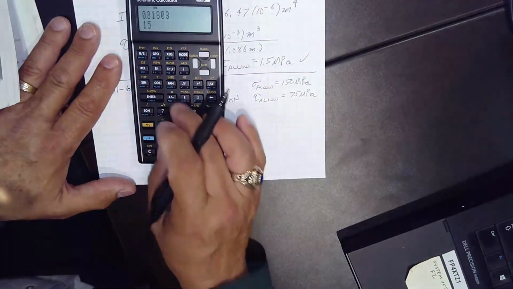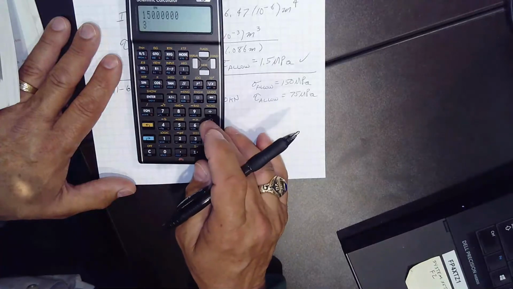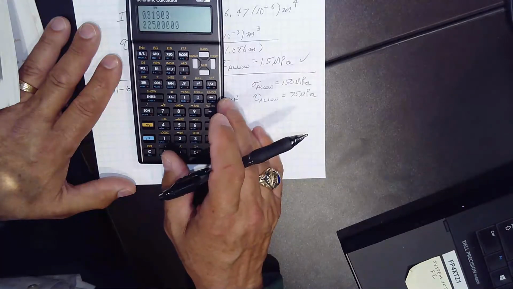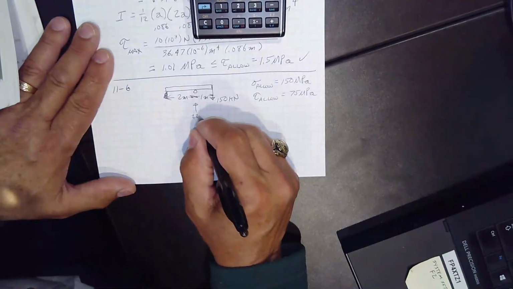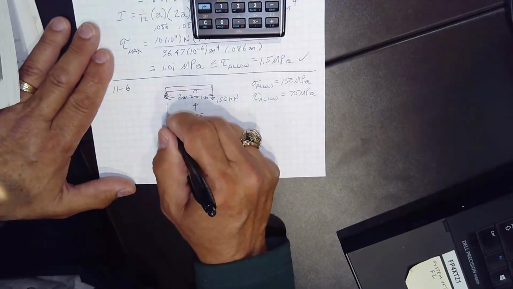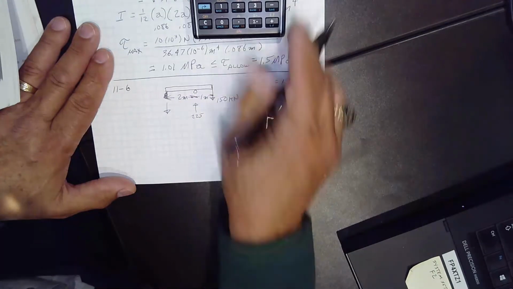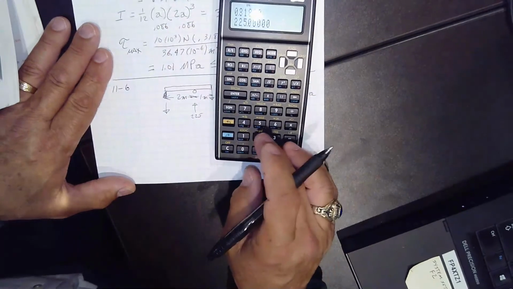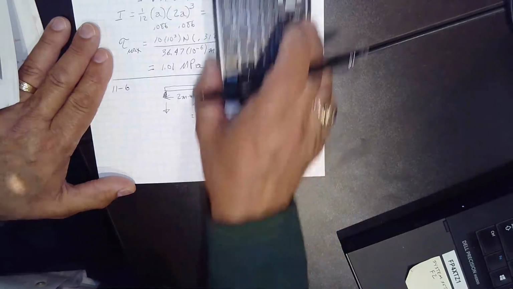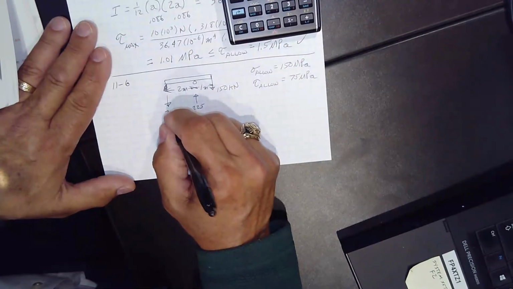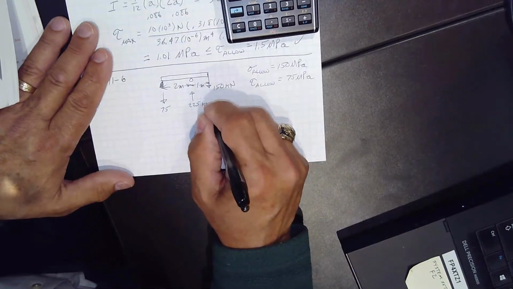All right, so 150, 3 times 2 divide. I get 225. That means this is going to have to be this way, right? So 225, 150 minus is 75. And these are all kilonewtons.